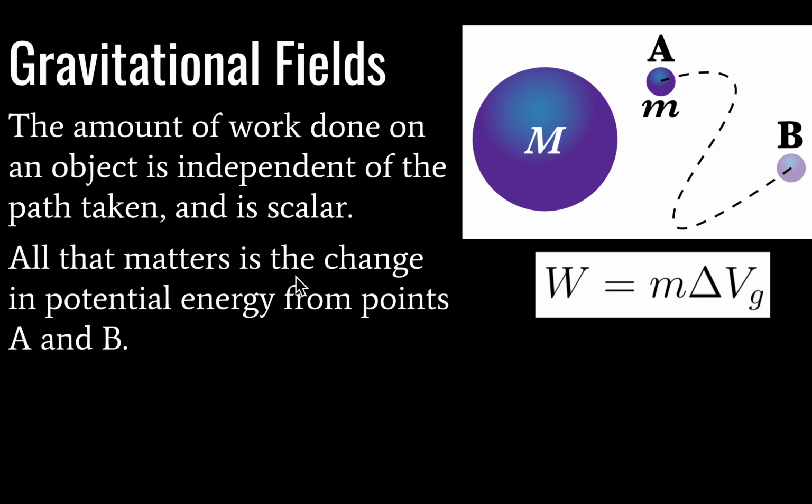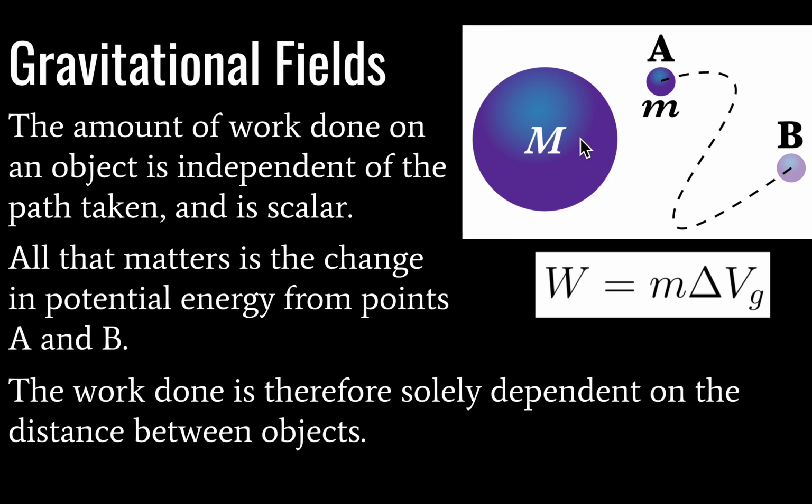So what matters is the change in potential energy from point A and point B, and that is determined by looking at the center-to-center distance between our large object and our smaller object at point A, and then our large object and the distance to our object at point B. Okay, and so that change in distance from here to here and from here to here will give us our change in the gravitational field.